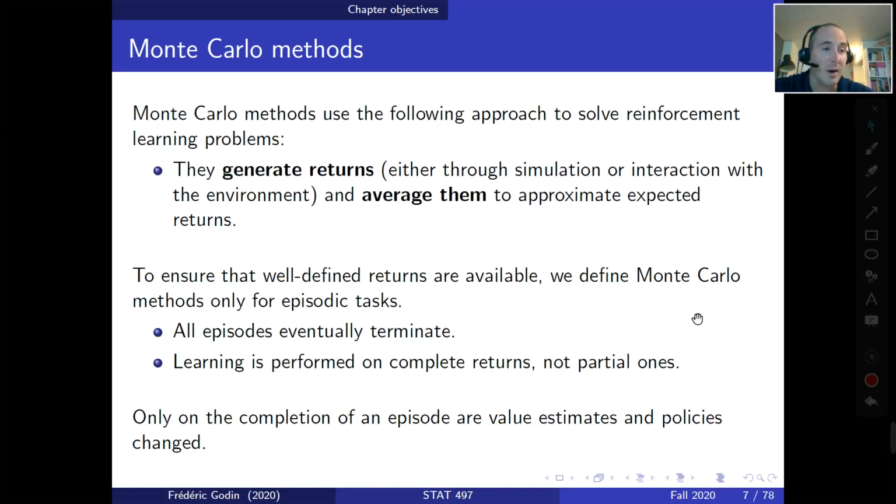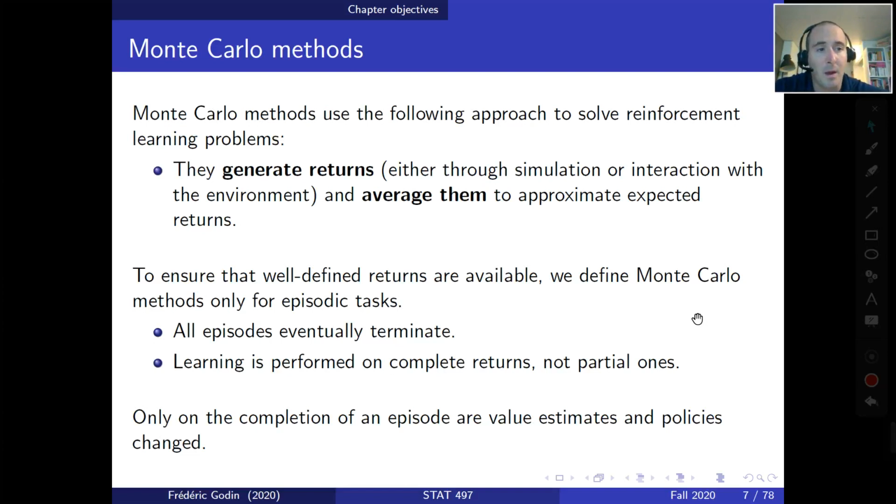Otherwise, for continuing tasks, where you have an infinite number of time steps, you can never calculate the return because you have to sum across an infinite number of time steps. Recall that the return is the sum of all future discounted rewards. In theory, you cannot simulate an infinite number of random rewards and sum them all. So we will only consider episodic tasks.